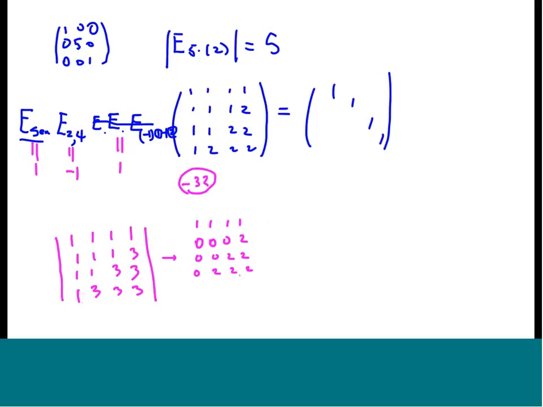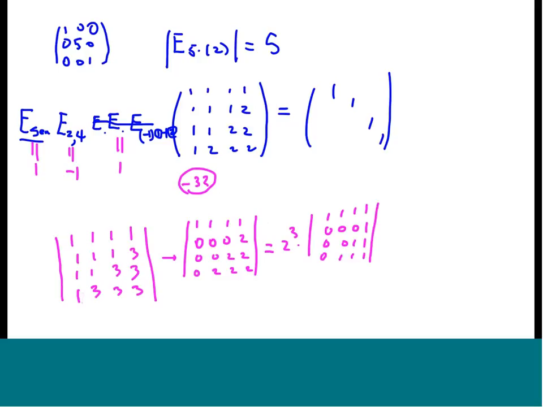So you can actually get 2 out. You can get 2 to the 3. So 2 to the 3 times 1 1 1 1 0 0 0 1 0 0 1 1 0 1 1 1.